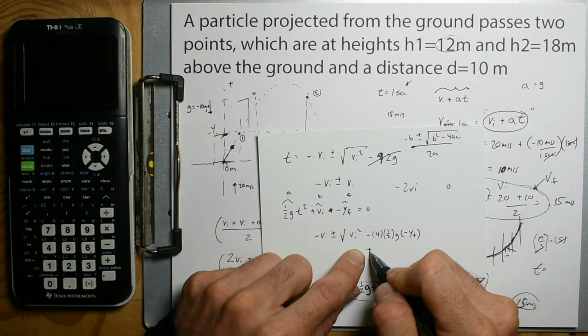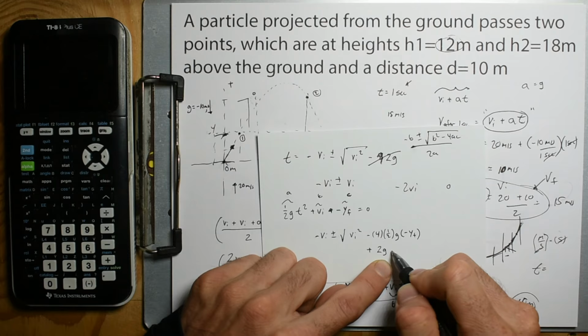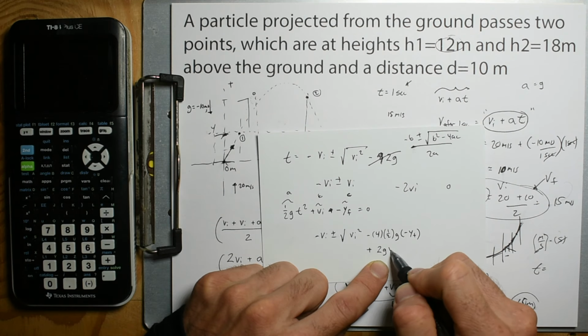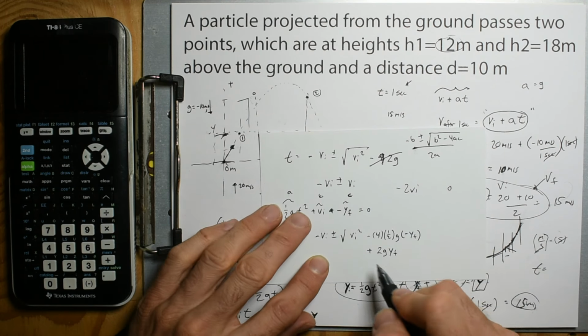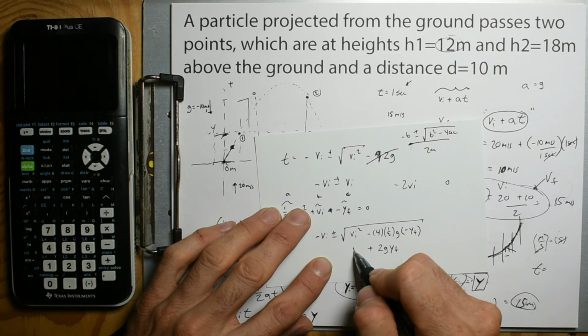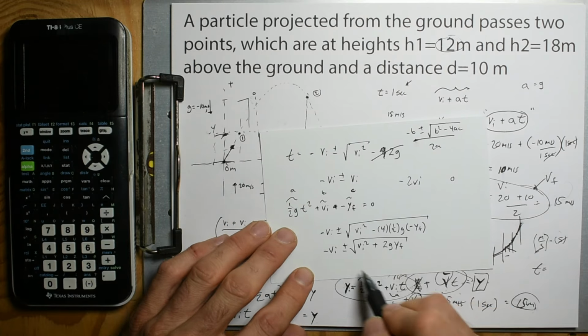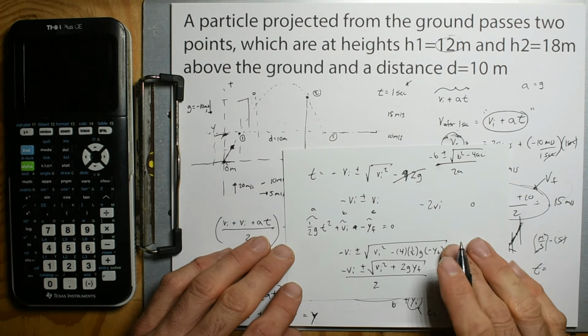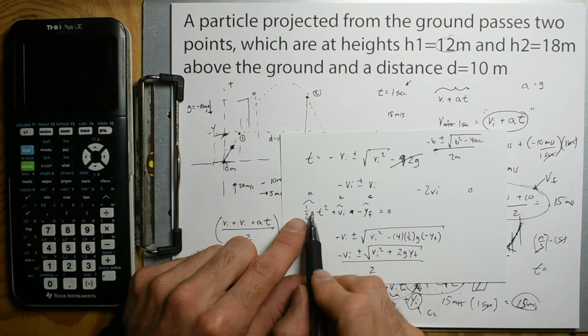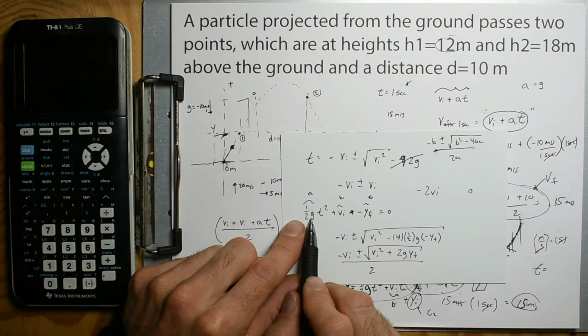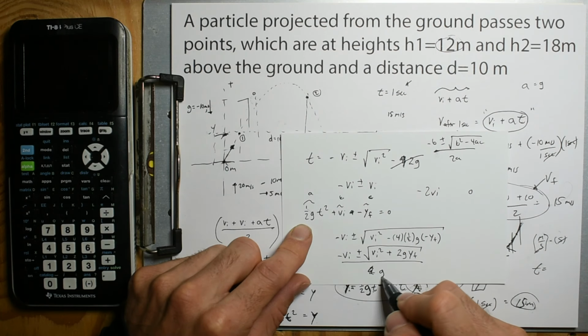So this is going to be plus 2g y final, all squared, so v initial squared. That's what we have, plus or minus negative vi, all divided by 2 times our a term, which is 1/2 g. So this is just divided by g.